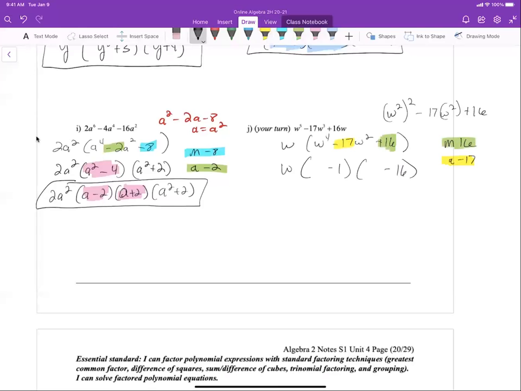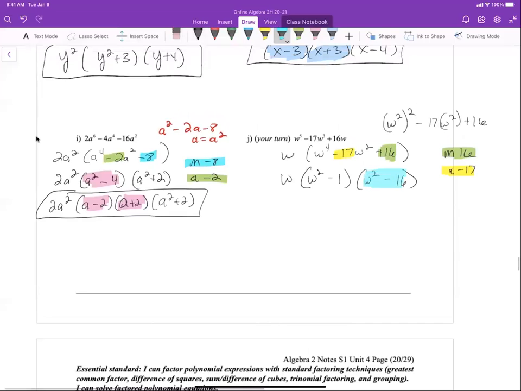Okay, and so it is, oops, not x, it is W squared because it is a quadratic polynomial with respect to W squared. And we are going to continue with our process because we should notice that this is a difference of 2 squares. So we will factor that.